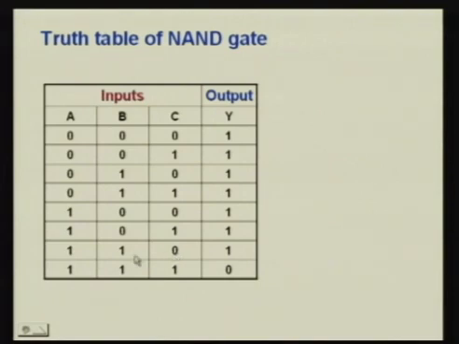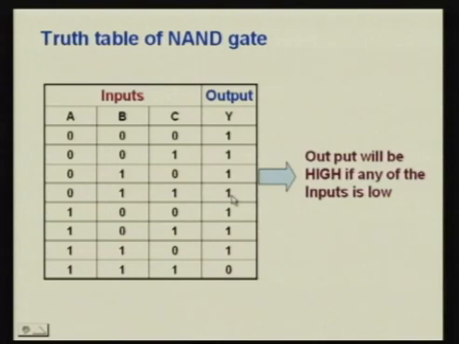Here you see only C is 0, even though we are getting 1. Here you see B is 0, and we are getting 1. Here you see only A is 1, then we are getting 1. So the generalized statement could be: the output of a NAND gate will be high, in one state, if any of the inputs is low.